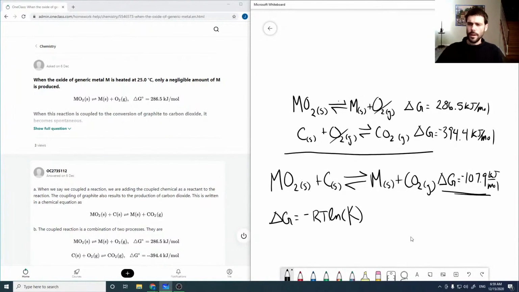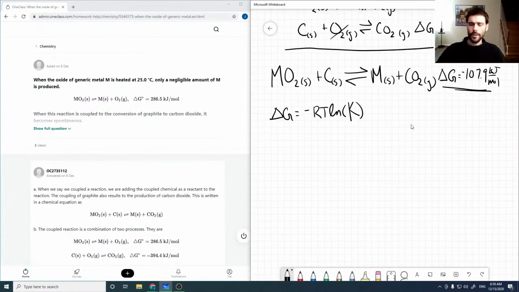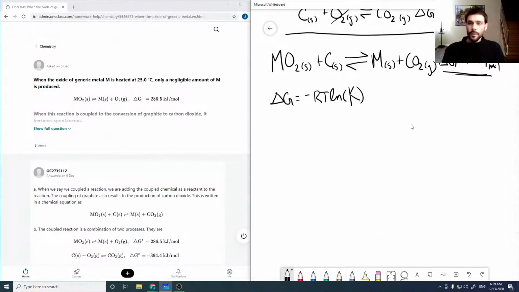Okay, so then we've got all the values. For R, I'm going to use 8.314 joules per mole Kelvin. And for T, it says in the question 25 degrees Celsius.